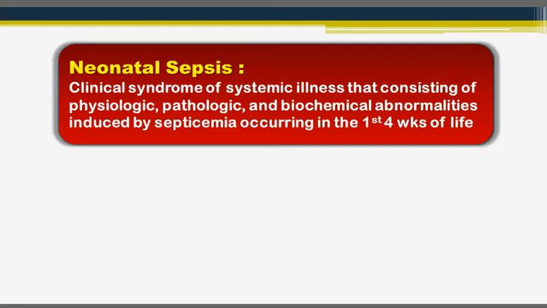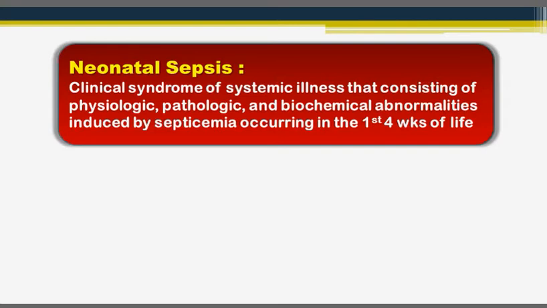And actually, it is difficult to clinically exclude sepsis in newborns or in infants less than 90 days. 90 days means 3 months of life. Those expressing a fever, which is regarded as more than 38 Celsius, especially in those born before 28 weeks of pregnancy.